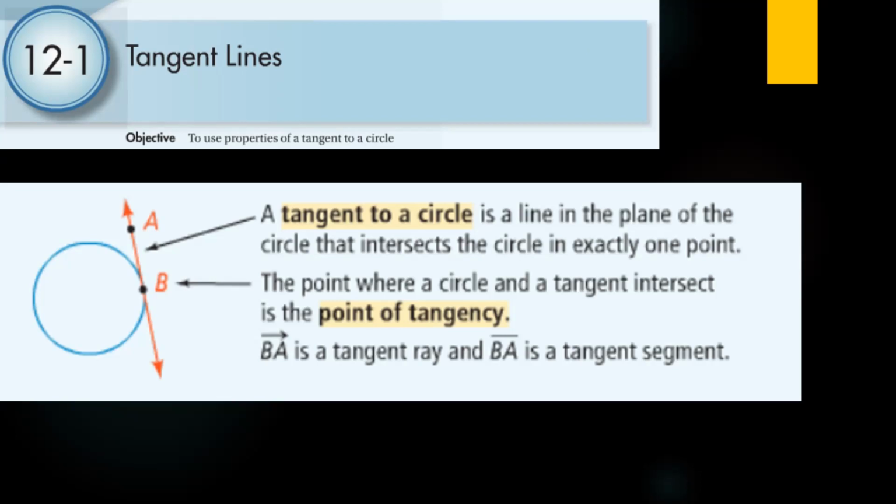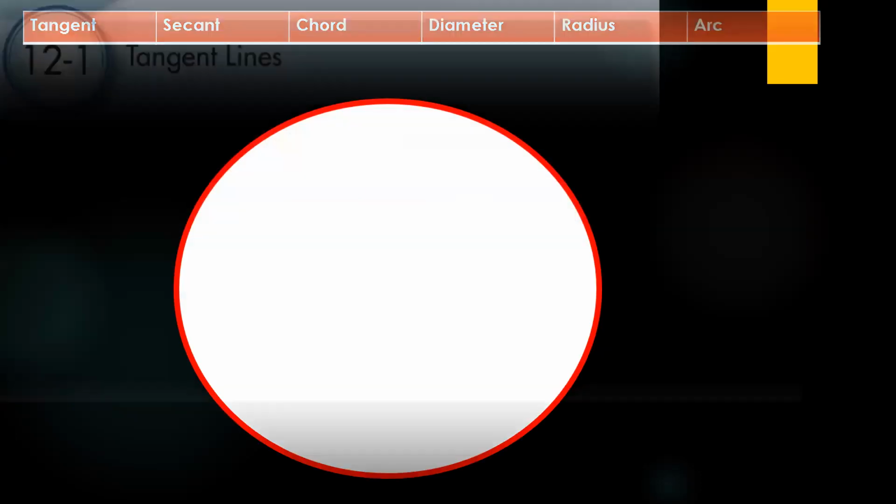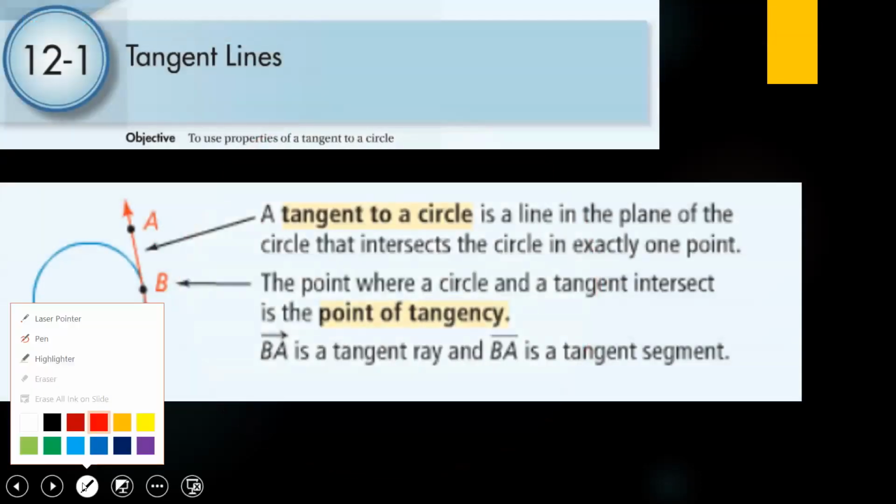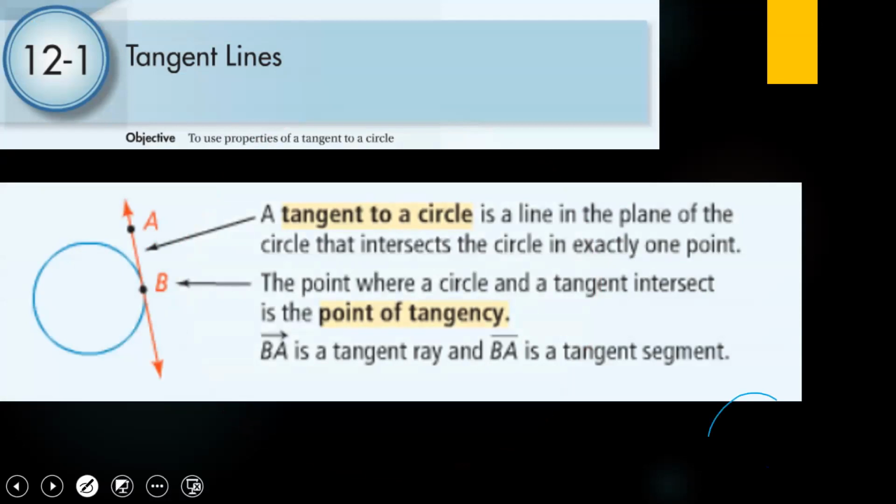So if there's a circle like this, and a line intersects it, passing inside the circle and cutting the circle at 2 points, we don't say that this is a tangent line.